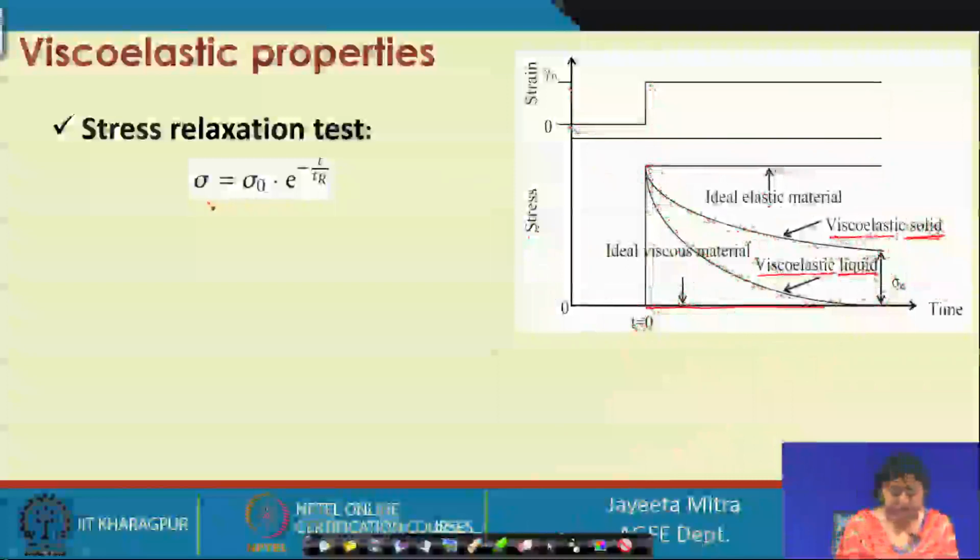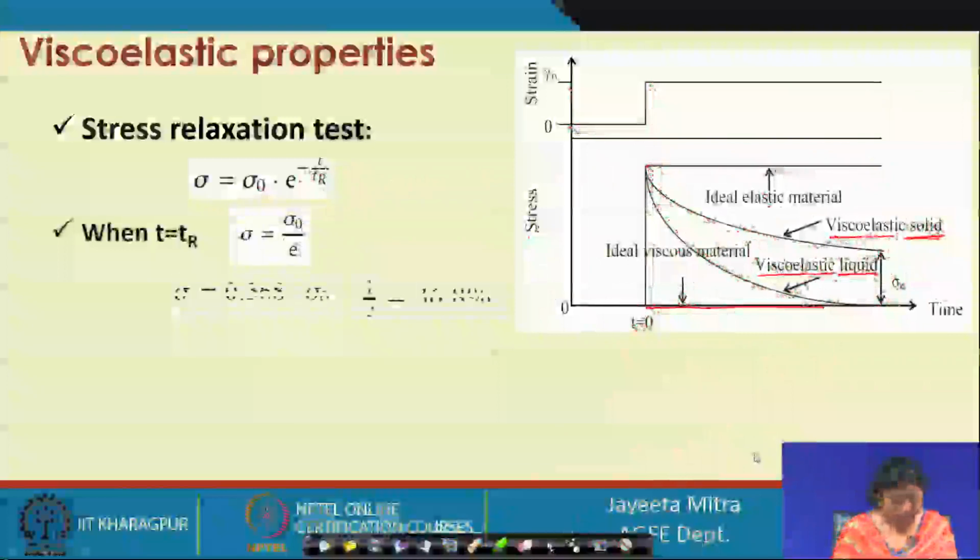So, stress in the case of a viscoelastic material will follow this pattern: sigma equals sigma 0, which is the initial stress, into e to the power minus t by T r, where T r is the stress relaxation time. So, if t equals T r, what will happen then? We can write sigma equals sigma 0 by e, and 1 by e is 36.8%.